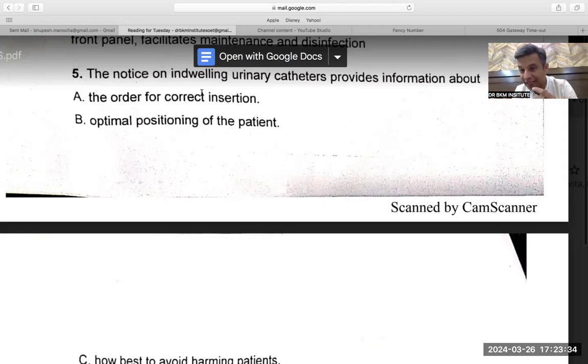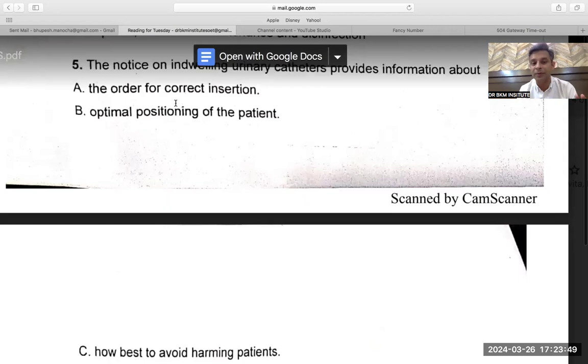They were talking about how to prevent the traumatic injury as the main topic, and they were also talking about correct insertion, but the steps order was not given. Optimal positioning of the patient. Sorry, if that would have been optimal positioning of the balloon of the catheter, I would have taken it as a choice, but they were not talking about optimal positioning of the patient. Eliminated.